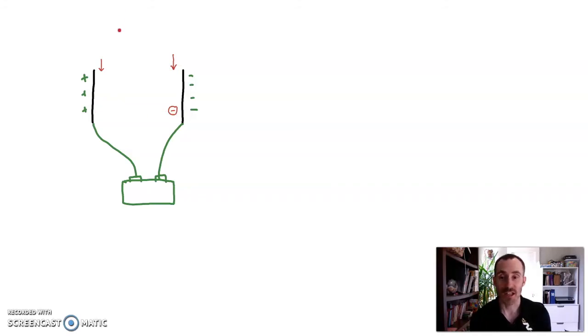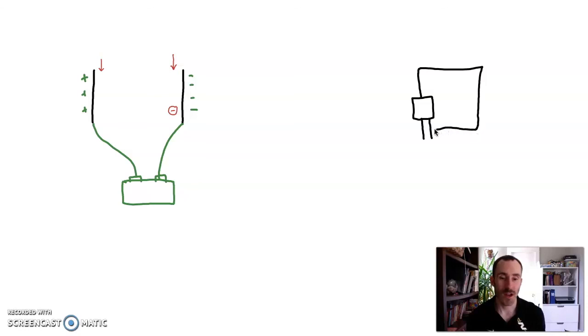This is very much like how a water system works. Let's look at it like this. We have a water pipe and a pump, and this pump is going to push water around a circuit like this. So this is a reservoir here. It's just unlimited water.